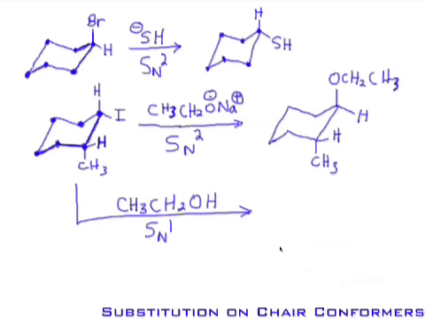What does SN1 do to a chiral center? SN1 would give you this guy plus, okay, if you like, it would give you both of those. This guy plus the product that didn't invert.